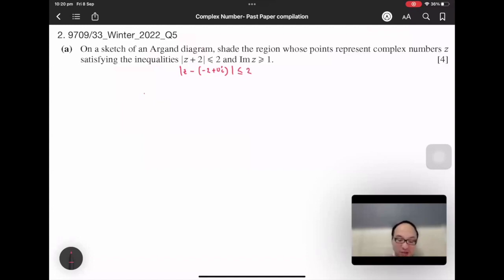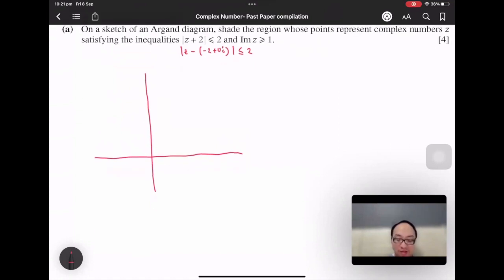So that means I can find a circle with center negative 2, 0 here, and then the radius is 2. So here, negative 4, negative 2.